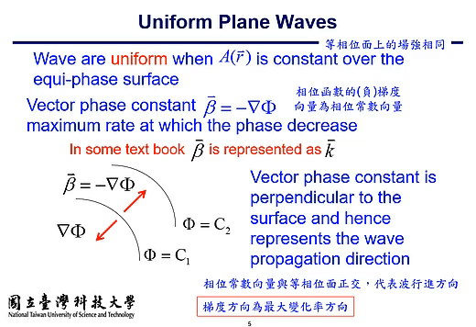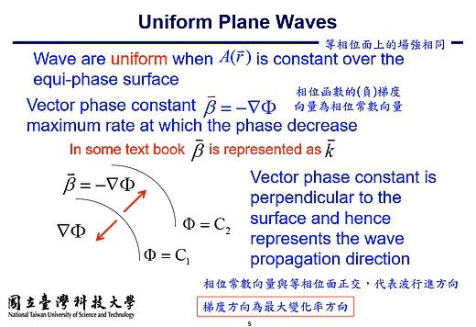You know, when you move forward, suppose that the wave is moving from the left to the right. So you move along this arrow, this direction, you experience some phase change. But what direction will give you the maximum change of phase?